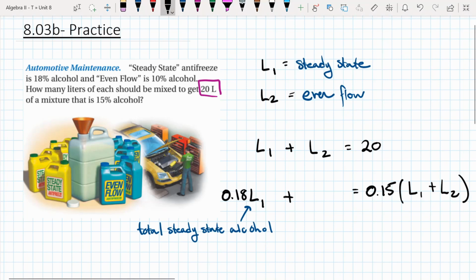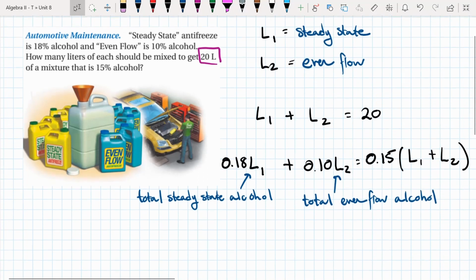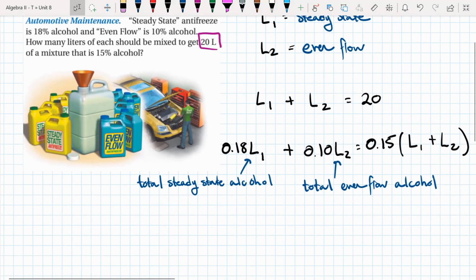And we're going to add to this 0.10 times the total amount of volume of the even flow solution. And this right here is the total even flow alcohol. This is the hardest part about this question, setting this equation up.